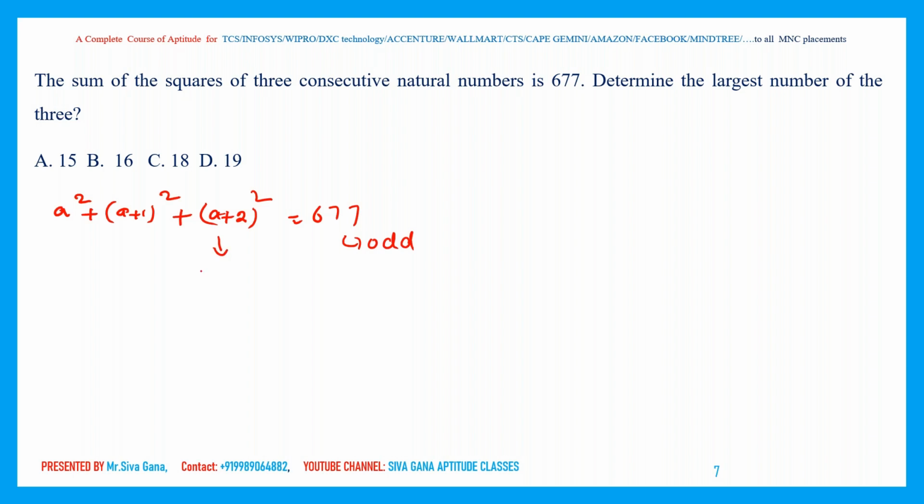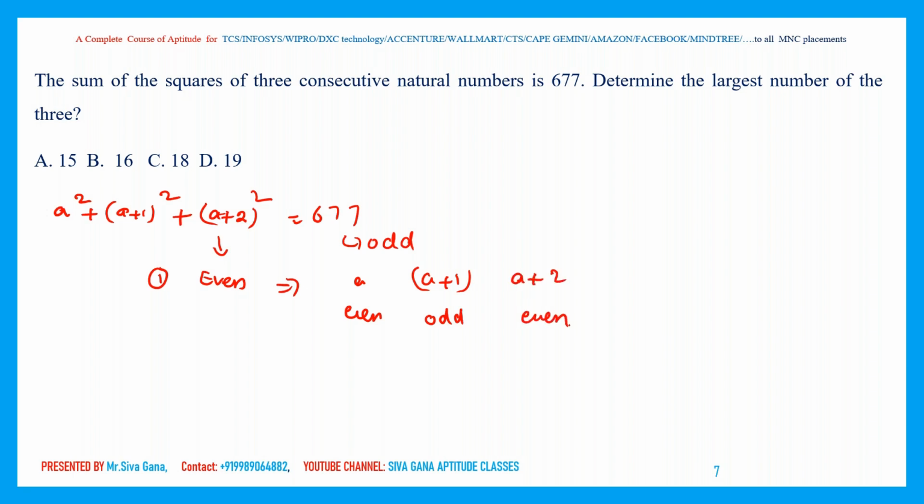If the largest is even, then the a squared term should be even. Then a plus 1 should be odd, and a plus 2 is even.